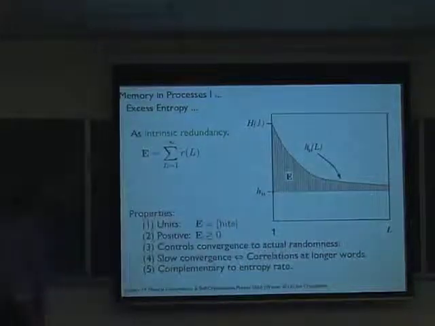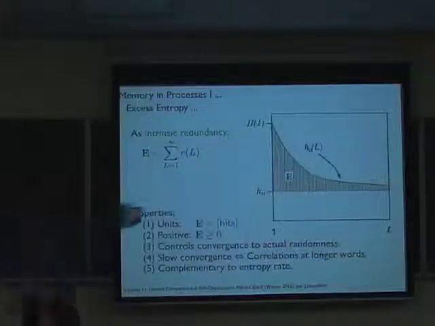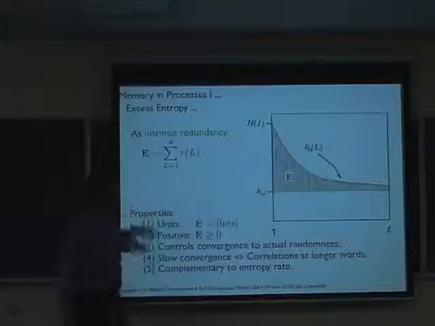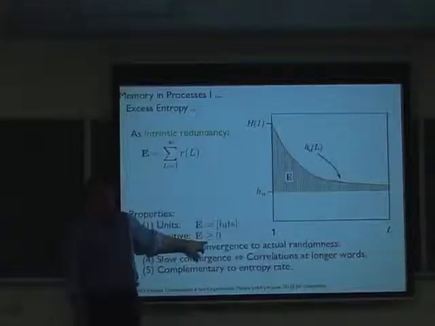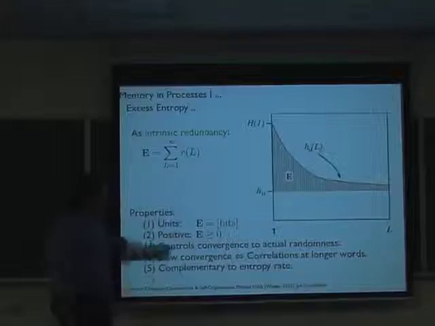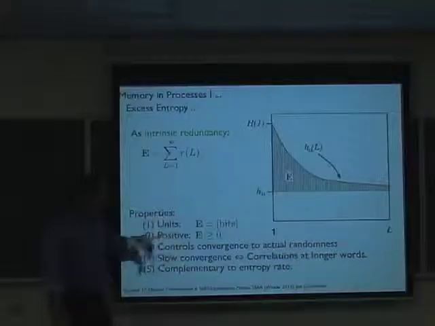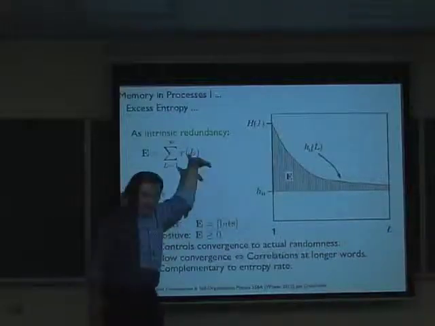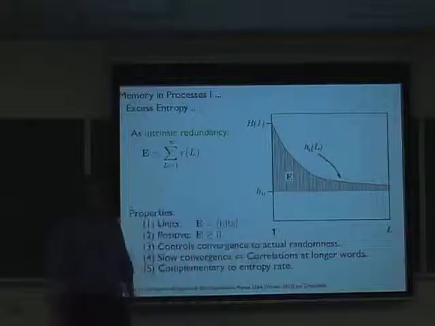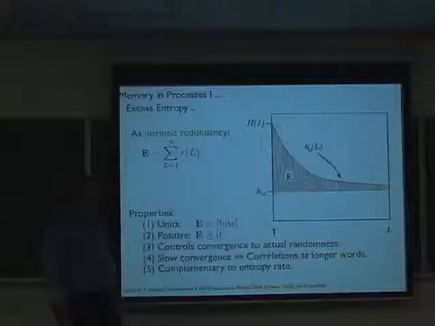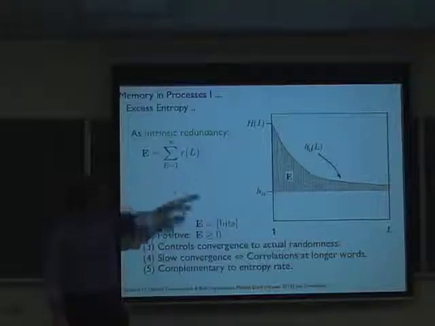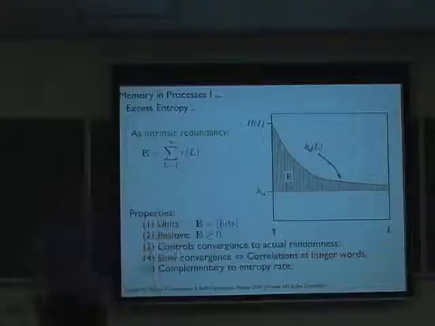OK, so what are the properties of this excess entropy? Well, again, units are bits here. It's always non-negative. Again, just because it's this area, it controls convergence to actually being able to see h mu, the true randomness. And the slow convergence, large area, means correlations exist at long words.